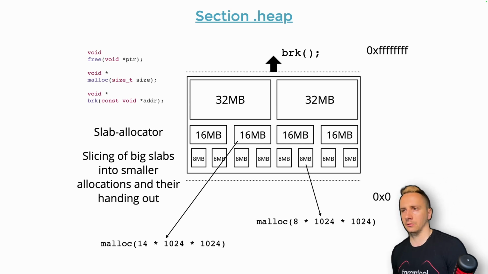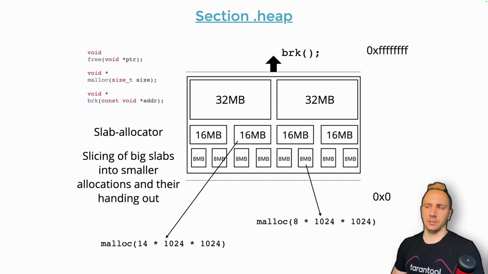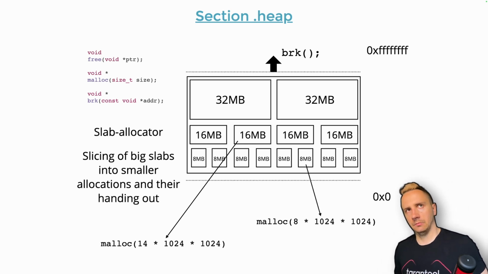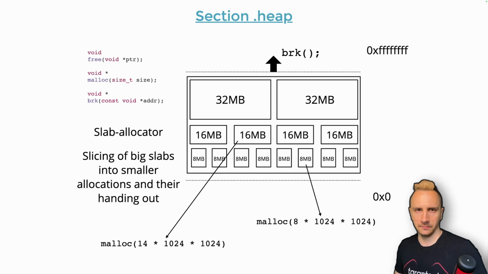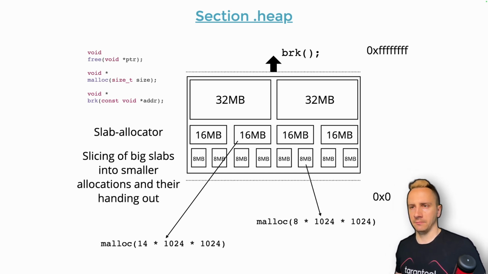You also split it into a few 16 megabyte blocks. And into even smaller 8 megabyte blocks, and so on until some very small size. And then you have this pile of blocks which are free, and when somebody calls malloc you give them one of those free blocks where the requested size would fit.